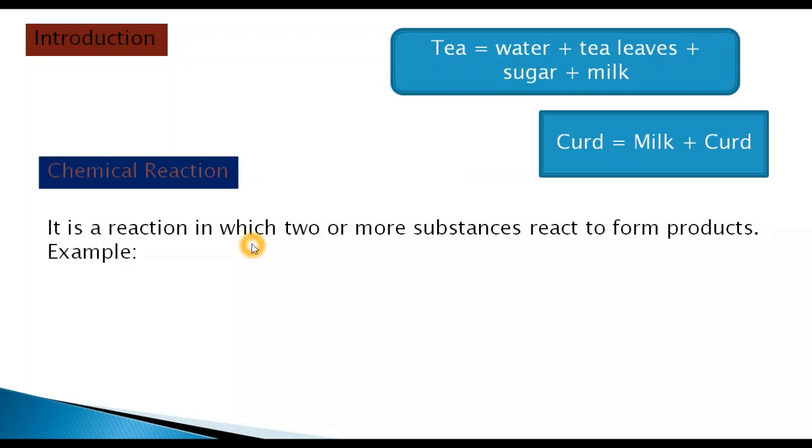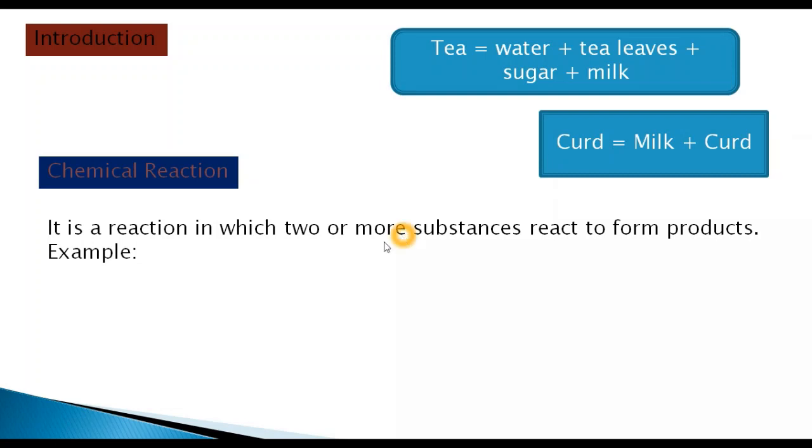So it means in a chemical reaction, two or more substances are combining together. They are reacting, and after combination, they are forming a new substance. And that new product has entirely different properties. That is nothing but a chemical reaction. It's so simple. In everyday life, we see a lot of chemical reactions happening around us. These were just two simple examples, right?